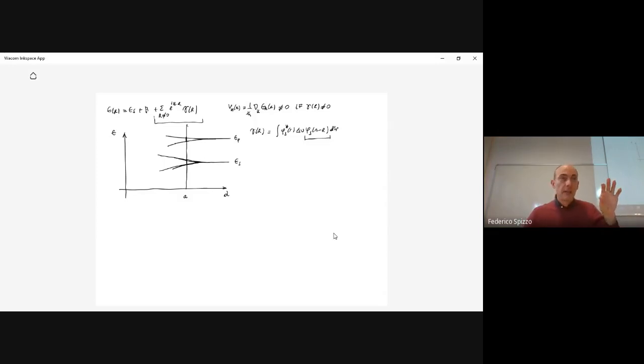Because to see that in a different way, we may make reference to this formula, and we may rewrite that as E of k equal to ES plus beta plus, let's just make the summation over the next neighbors, because the second neighbors probably give you a gamma equal to 0.